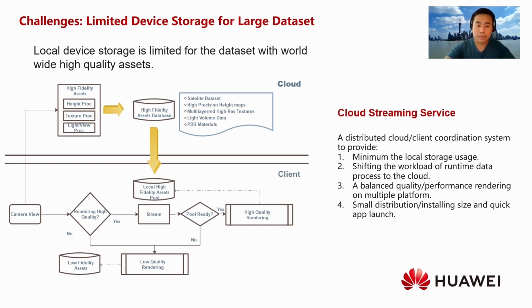On the other hand, the high-quality asset pool shall be updated frequently from the cloud side, so as to provide higher quality based on the view status changing. They only start rendering when they are fully streamed. A lagging or popping may occur, but many tricks such as dithering or blending can help to mitigate the artifacts.